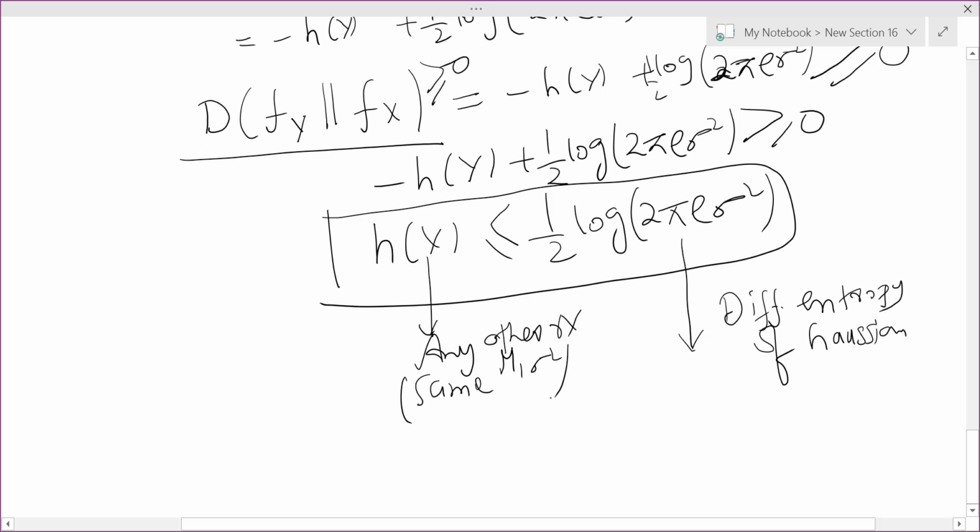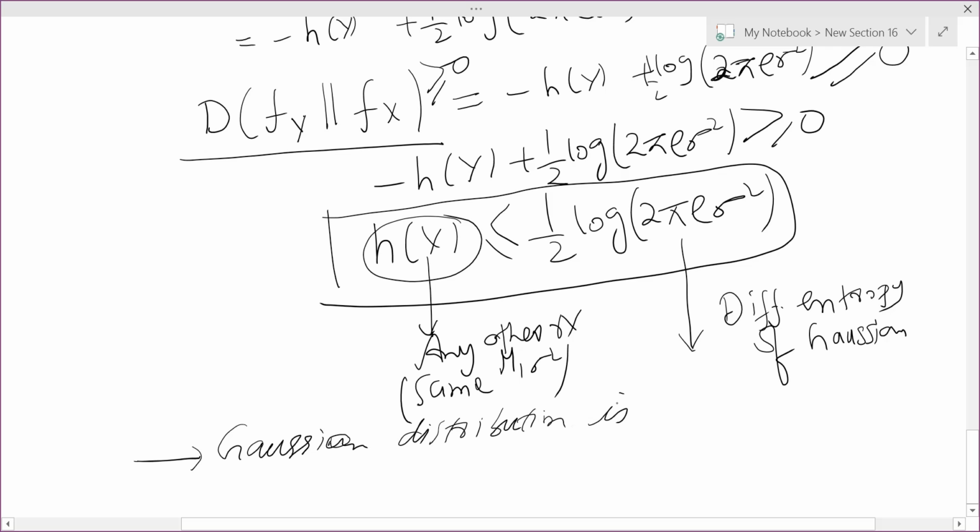So it means among all distributions, the maximum entropy possible for any random variable is when the random variable has a Gaussian distribution. In other words, see what I will write, that the Gaussian distribution is the entropy maximizing distribution.